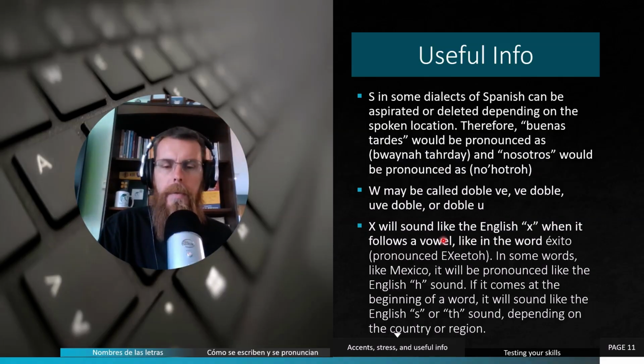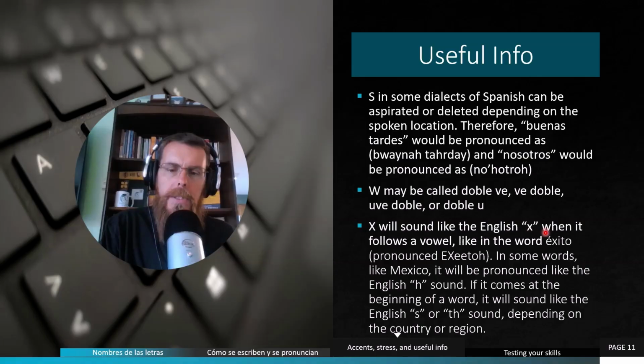X, we went over this in the alphabet, but I'm going to touch on it a little bit. X will sound like the English X when it follows a vowel, like in the word éxito, which means success. In some words like México, it's pronounced like an H because it is from a different language. I believe it's from the Aztec language.